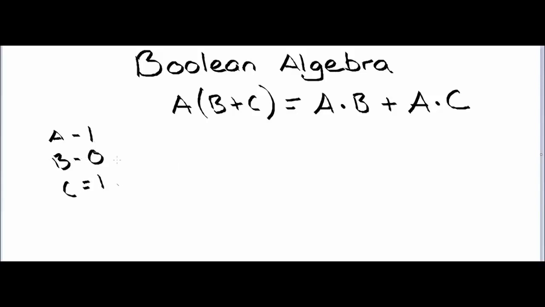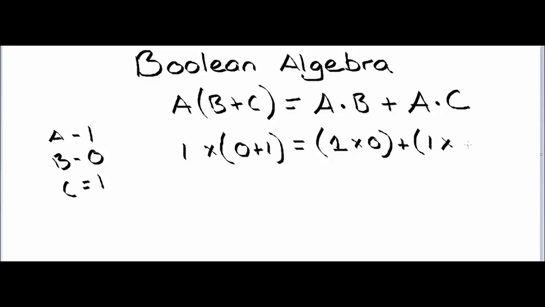Now you should be able to replace these because this rule will work anyway, so you can have a go at swapping them around and see if it still works. We can say that 1 multiplied, because that's essentially what we have here, by 0 plus 1 is always going to equal, and we'll put these in brackets, 1 multiplied by 0 plus 1 multiplied by 1.